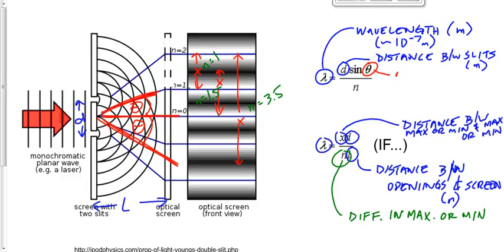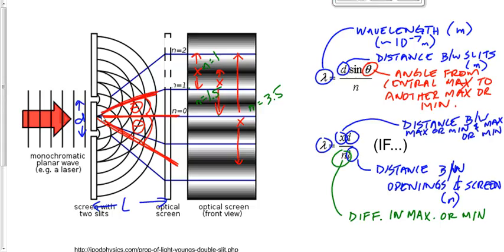The angle from the central max to another max or min. And it's going to be measured in degrees, of course.